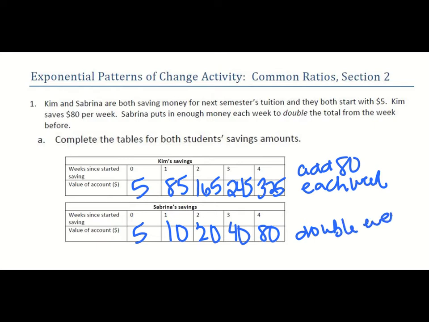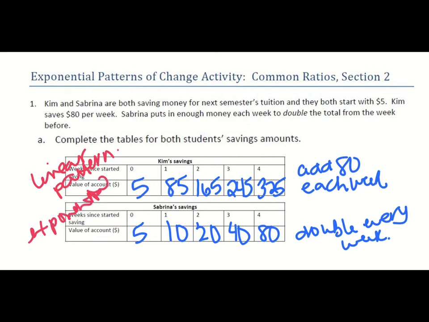Double every week. Okay. So they're basically looking for you to start talking about how this is a linear pattern, because you're adding every week, and this is an exponential pattern. So basically when you add or subtract every week, that's linear.